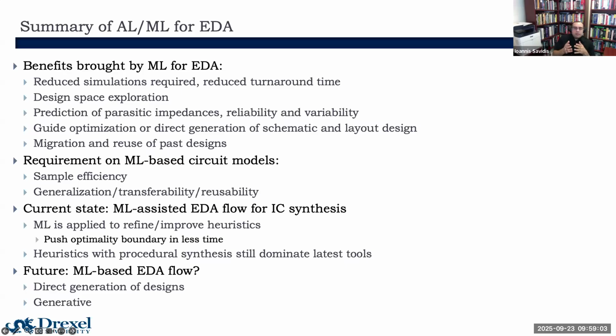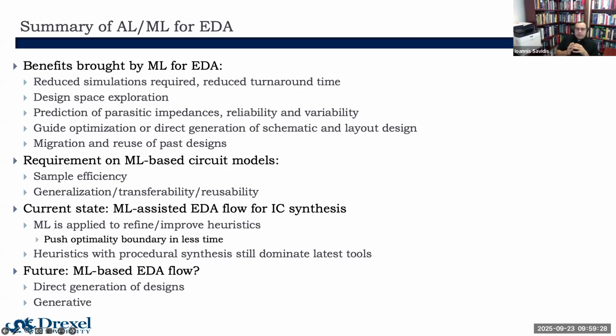And ML not only enables a more thorough exploration of the design space, but also predicts potential issues such as parasitic impedances and variability early in the physical design flow, which basically helps in making informed decisions and reducing the costs caused by design iterations.